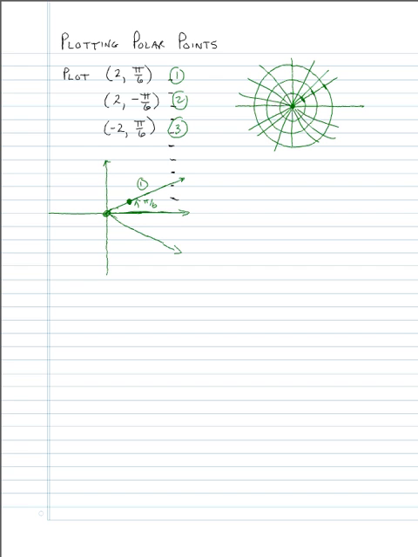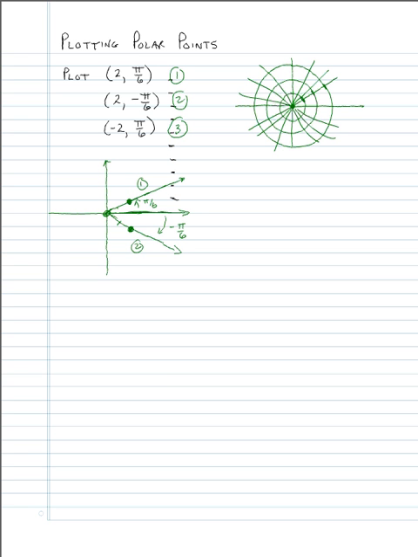Let me write it out so I have enough room. That's an angle of negative pi over 6. Now, my R value is 2 again, so I measure 2 units along that angle. There's 2 units. So this is the second point, 2 comma negative pi over 6.